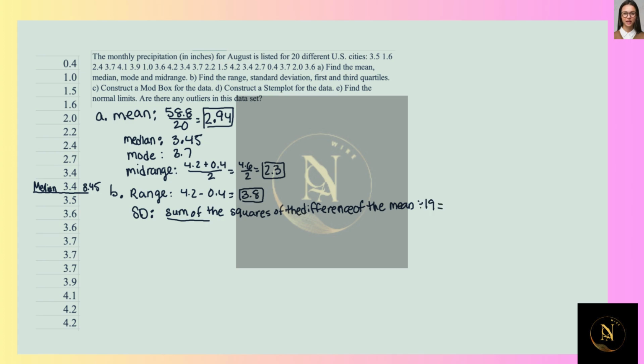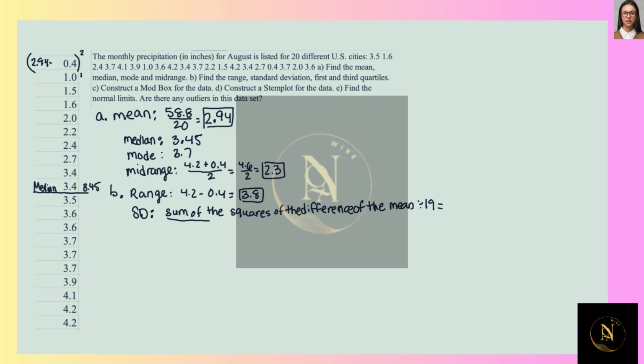Basically, you're finding the distance from each number in your data set to the mean. So for example, I would do 2.94 minus 0.4, and then I would square it.